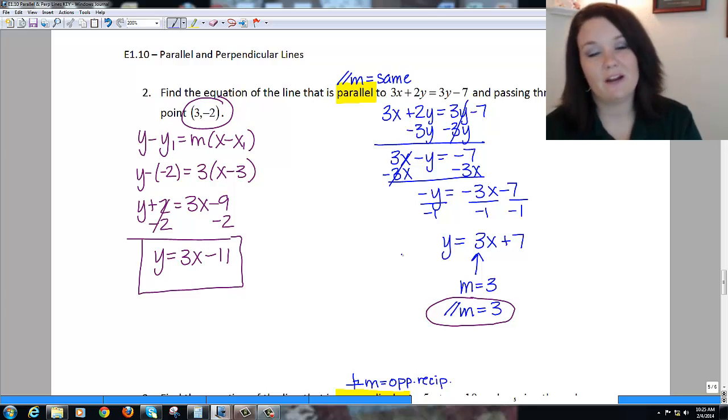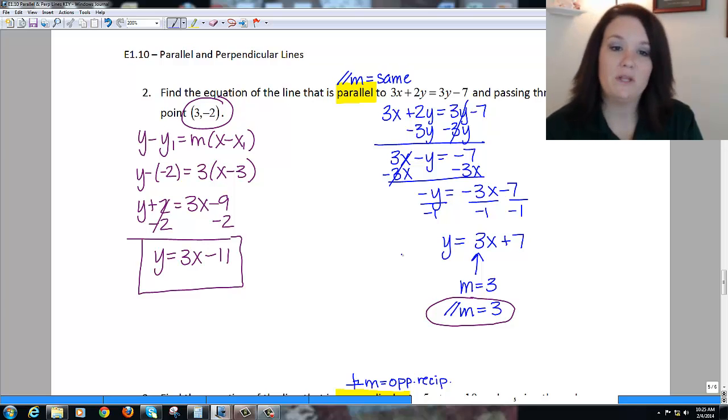So now I take my parallel slope, which is 3, the point that they gave me, which is 3, negative 2, and I plug it into my point slope formula. When I plug everything in and solve for y, I end up with y is equal to 3x minus 11, which is the equation of the line that is parallel to the line they gave us and that goes through the point 3, negative 2.